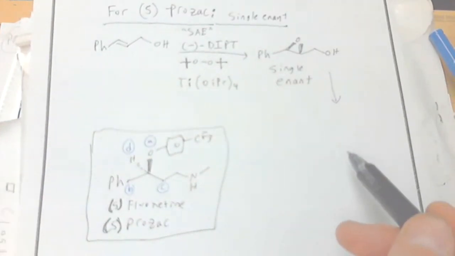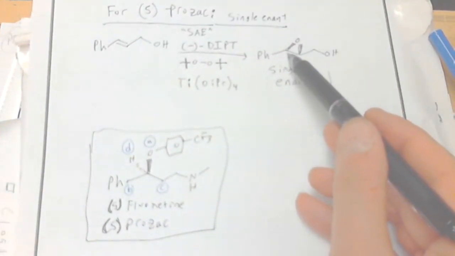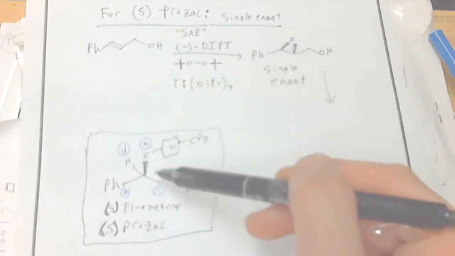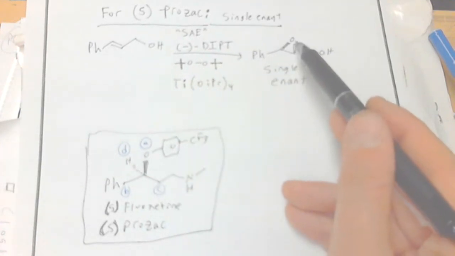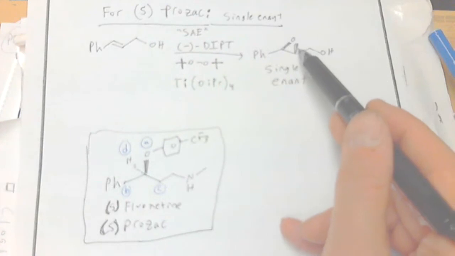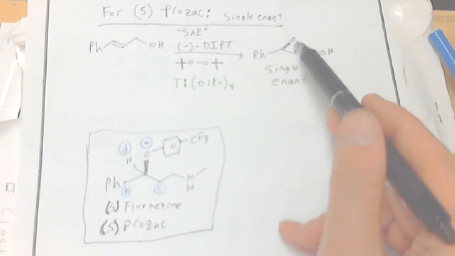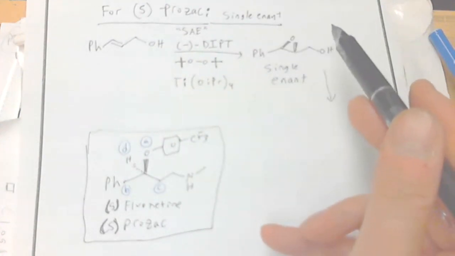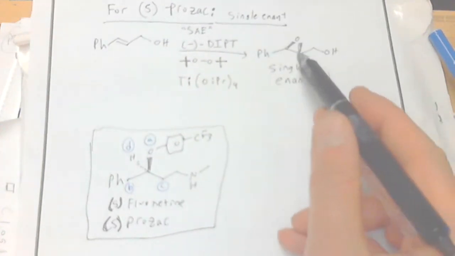And also we have our chiral center right there, the S chiral center that we need, right? But we don't need this bond to oxygen. This bond to oxygen is not part of our product, right? So the first thing they do is delete that bond.